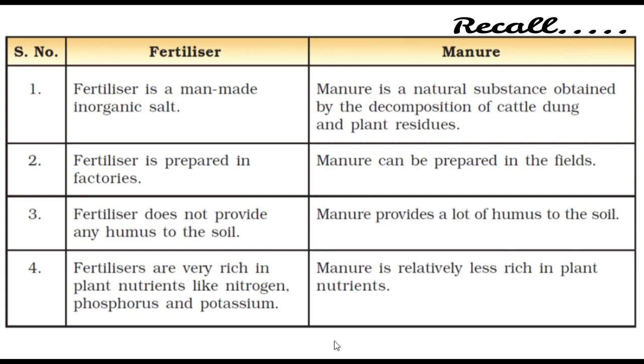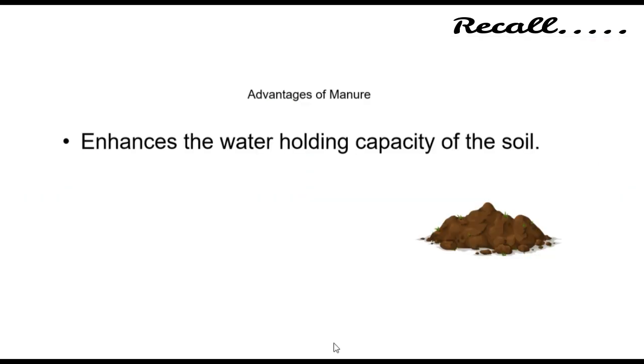As I have already told, it enhances the water holding capacity of soil, and it makes soil porous, with small gaps where air can move in. The exchange of gases is easy. So manure makes the soil porous.